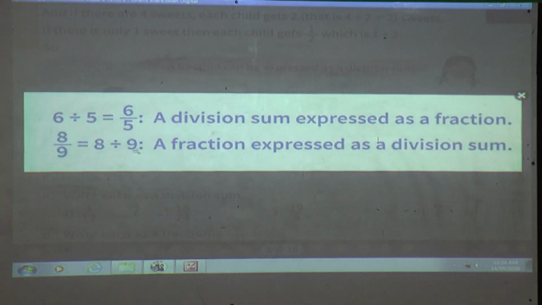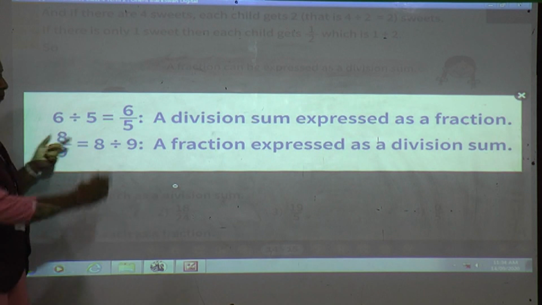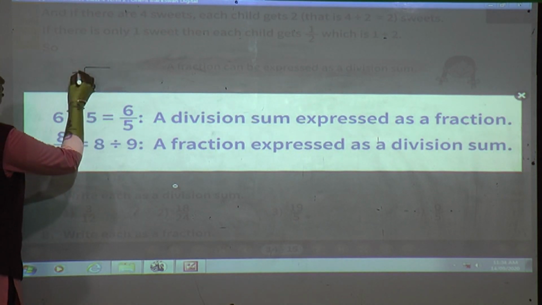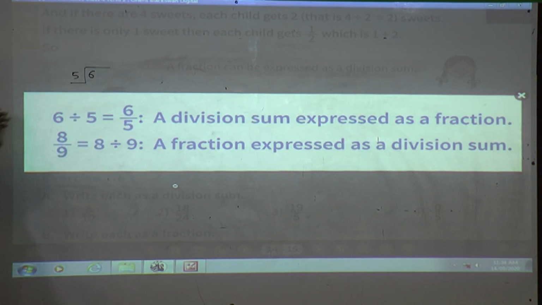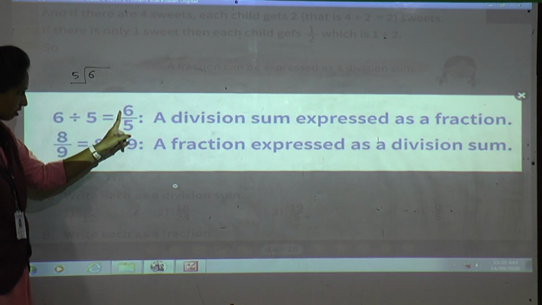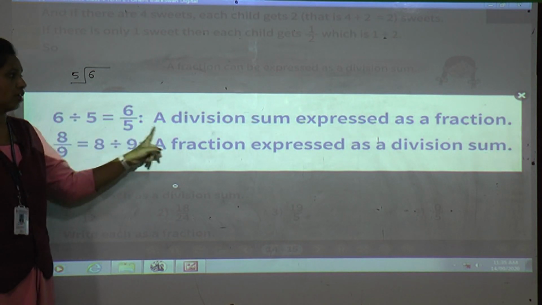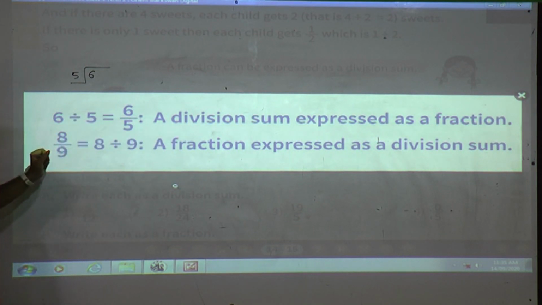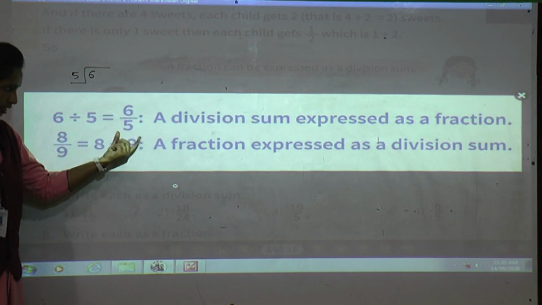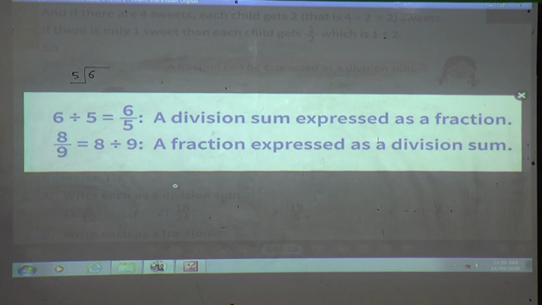Now see the example. 6 divided by 5. This is division as we do every time. But how do we write it as a fraction? See, 6 upon 5. This is a fraction. So a division sum is expressed as a fraction in this way.